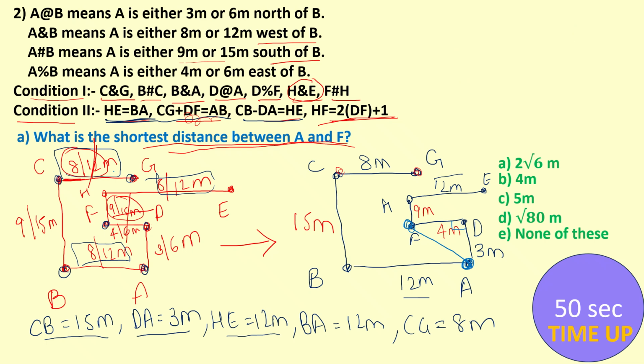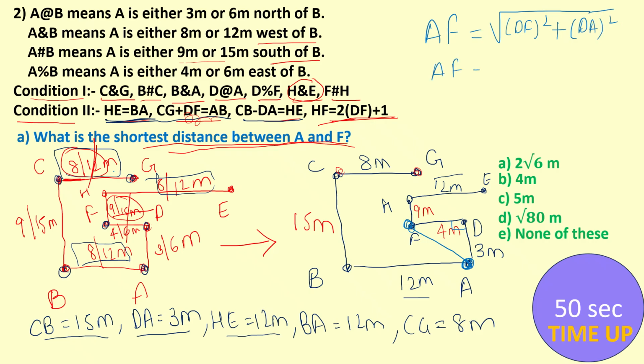So here I write AF will be root of DF square plus DA square. Correct?